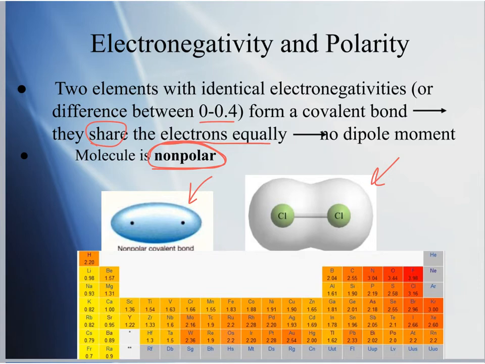So use the chart, and if your difference in electronegativity is between 0 and 0.4, we usually have a chart that is just one decimal. But if you're using a chart with 2 decimals, we're going to say 0.49. Okay, so 0 to 0.49.